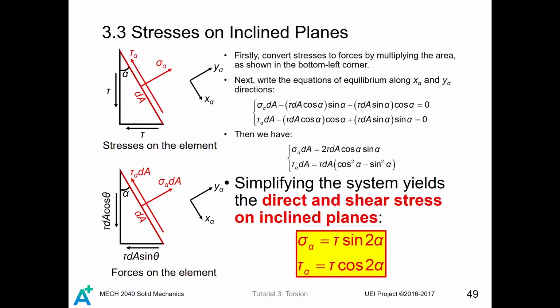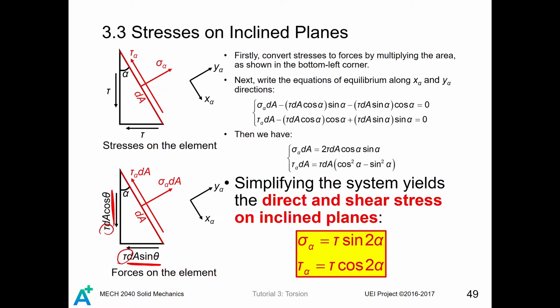Consider the area of the inclined plane to be dA. Then the area of this surface will become dA cosine theta, while the area of the surface at the bottom is dA sine theta. Since the stress on both of the surfaces is the same, which is tau xy, we just simply write it as tau.